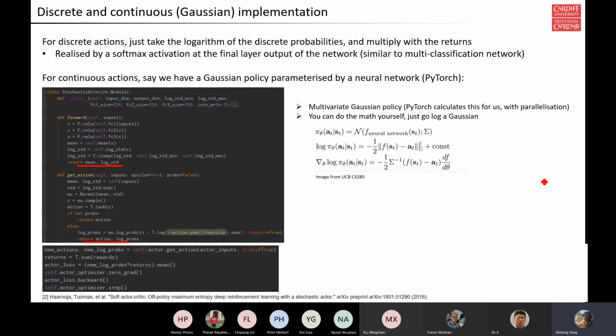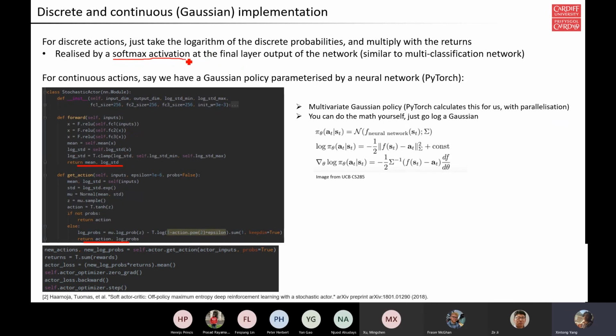Okay, cool. Now let's look at the implementation part. We can apply policy gradient with discrete actions or continuous actions. Let's first look at discrete actions. Assuming we have a neural network whose output is discrete because we have discrete actions, then the final layer of the network will be followed by a softmax activation, by which we can get a discrete distribution of the actions.